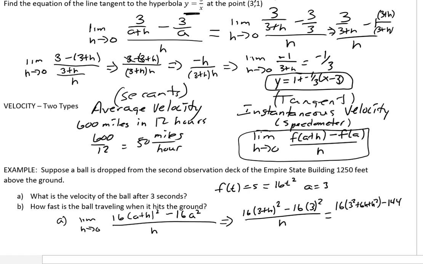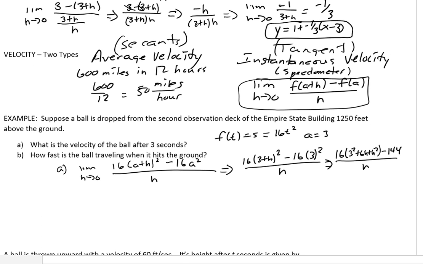And now I distribute this into here, and I would get 16 times 9, again 144, plus 16 times 6, which is 96h, plus 16h squared minus 144 all over h. I'm sorry about that, 96h.